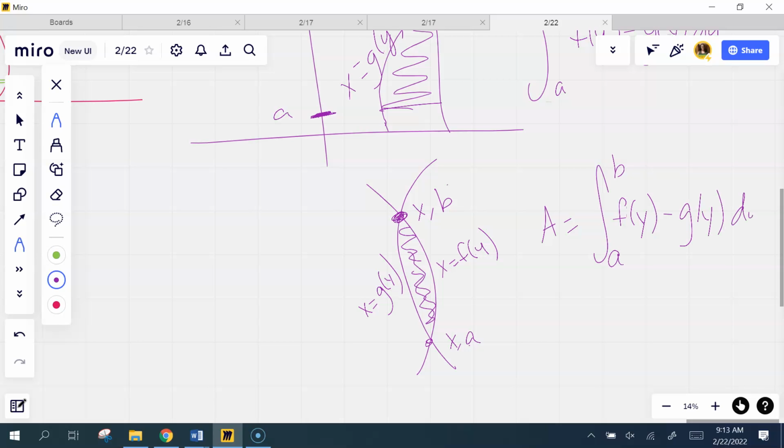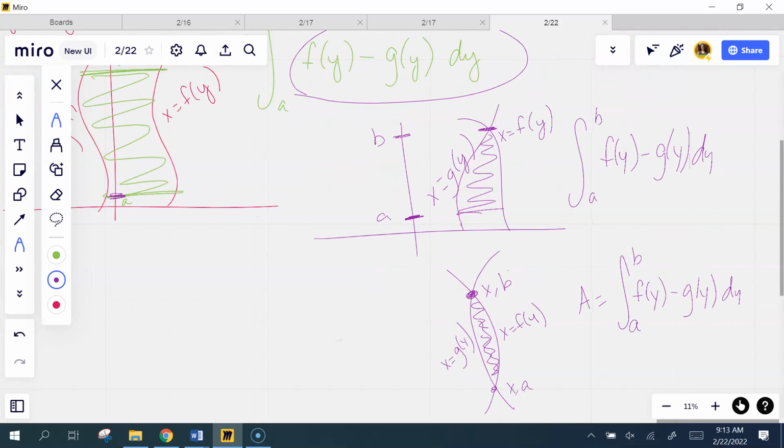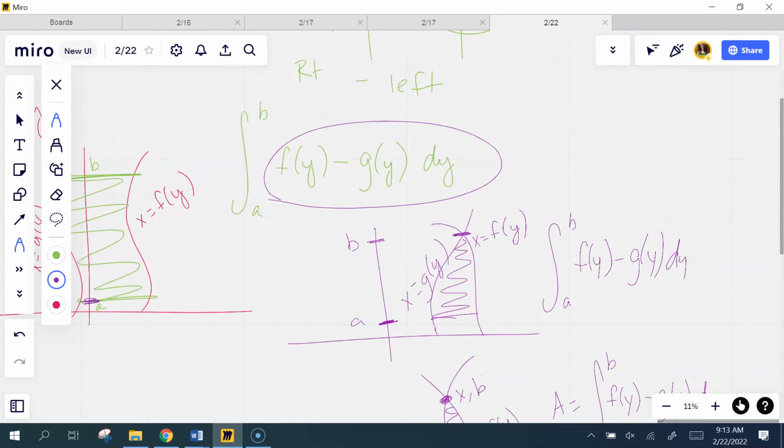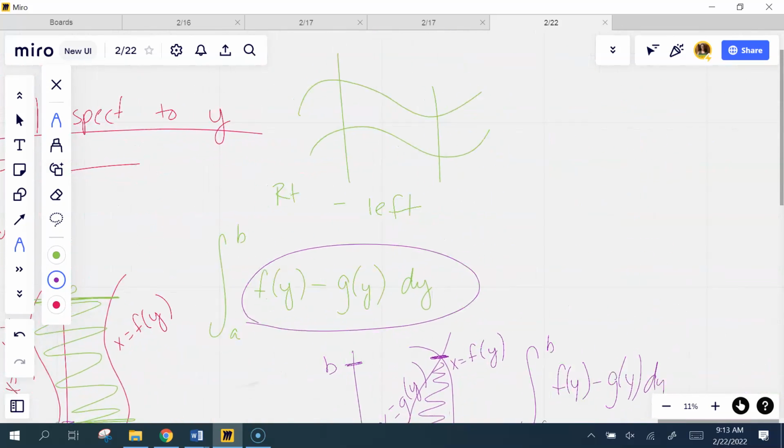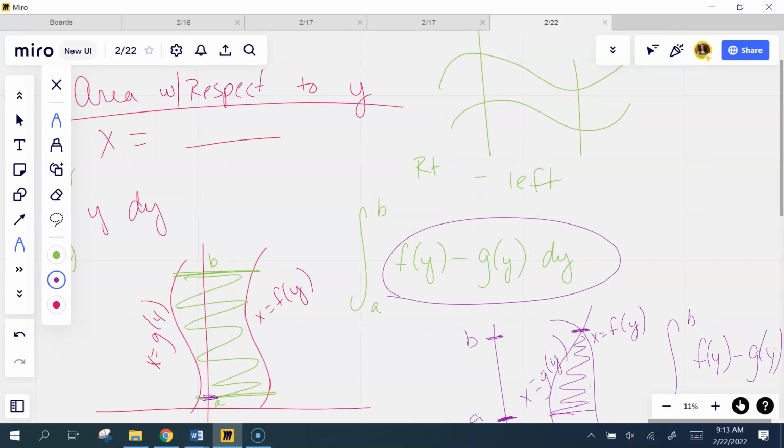I'll do one example with you, show you what I'm talking about. Let's do number 11. Is it with respect to y? Oh, it's not with respect to y.